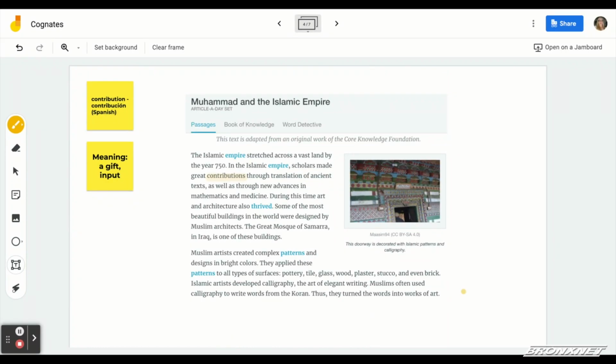Great. Let's keep reading. During this time, art and architecture also thrived. Some of the most beautiful buildings in the world were designed by Muslim architects. I see another tricky word, buildings. But I know a Bangla cognate that sounds the same. I'm gonna highlight this word.